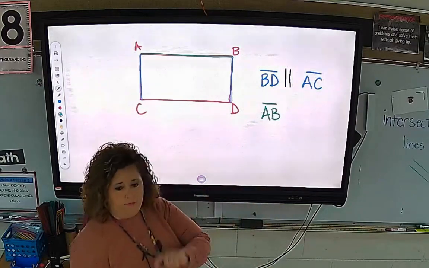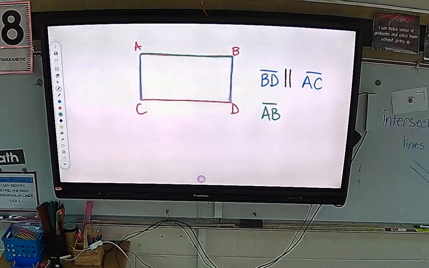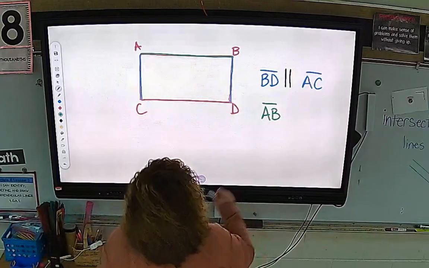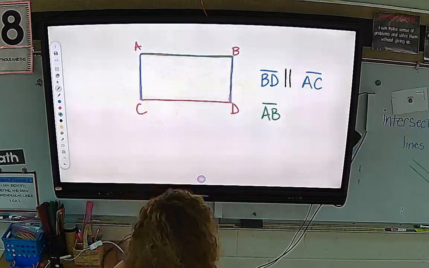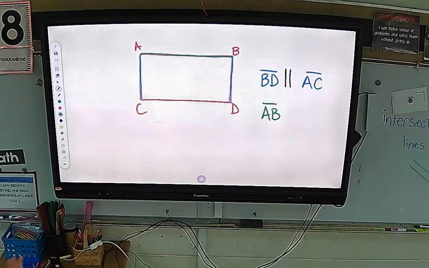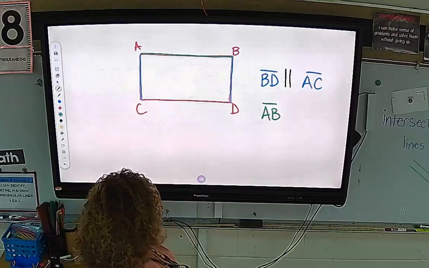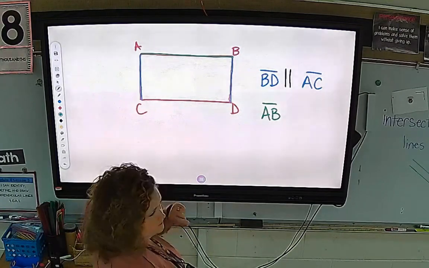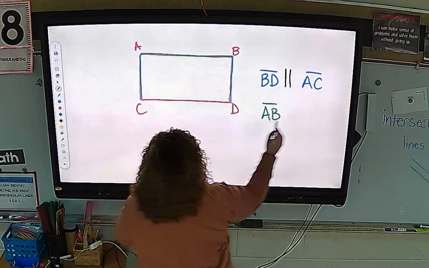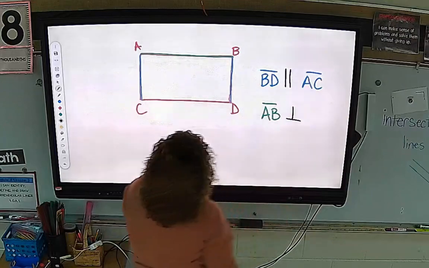What line is it perpendicular to? We talked about that about 10 minutes ago. Please don't let it have already fallen out of your brain. Wait, sorry. AB and CD are parallel. I changed it on you, didn't I? Which one is perpendicular? There are two of them that are perpendicular to it. AB is perpendicular to what lines?